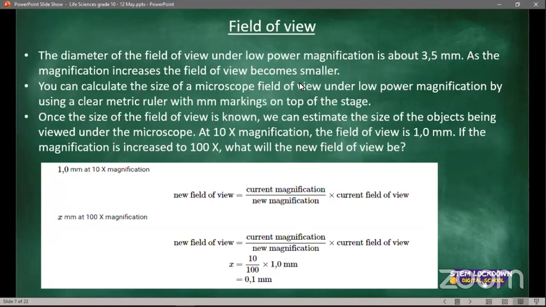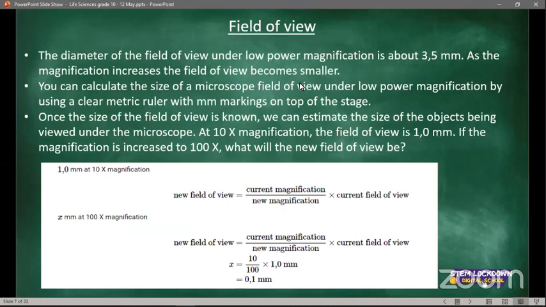Now we also have the field of view, like Megan was asking. So maybe some of you were wondering what that is.